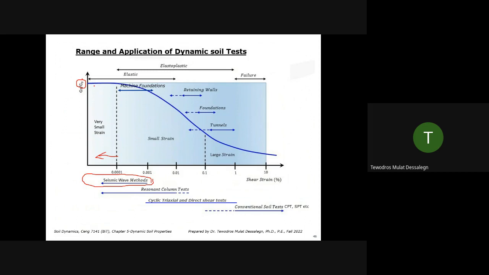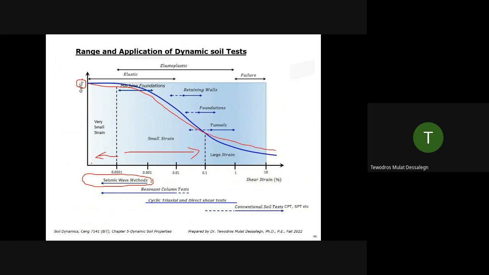As you cyclically load the soil, it gets softer and softer, weaker and weaker. So the shear modulus is reducing with the strain. As the strain increases, what happens to the stiffness of the soil? It decreases. That's why you see this graph dropping. The G value is dropping.